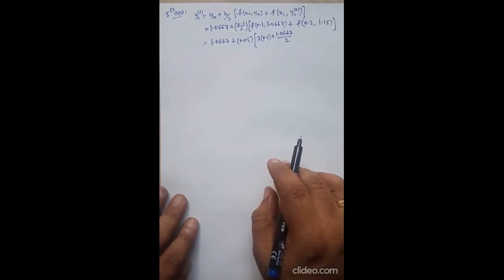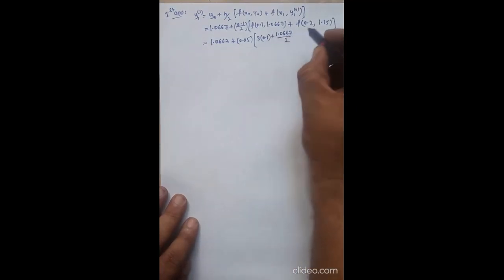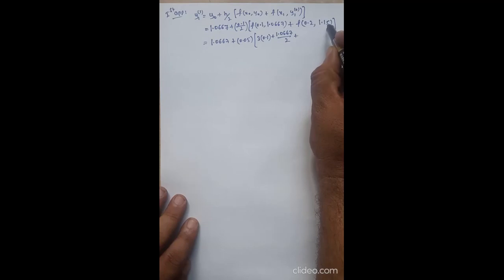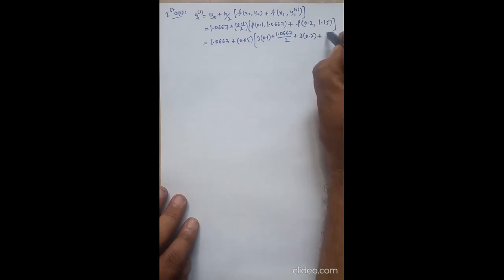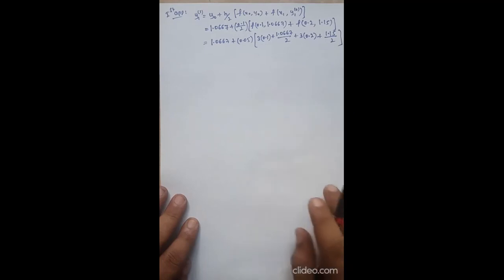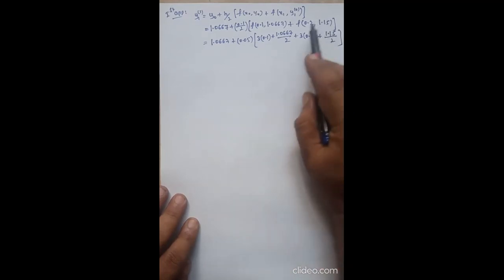Instead of calculating separately, we calculate here itself. Plus the next one, also f of x comma y, where x is 0.2 and y is 1.15: 3 into 0.2 plus 1.15 divided by 2.